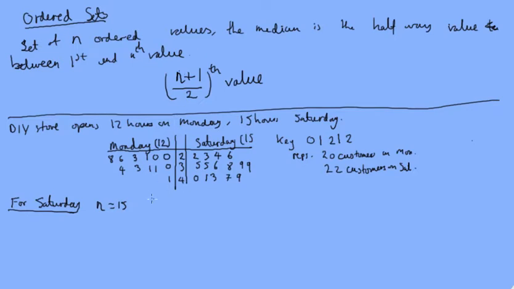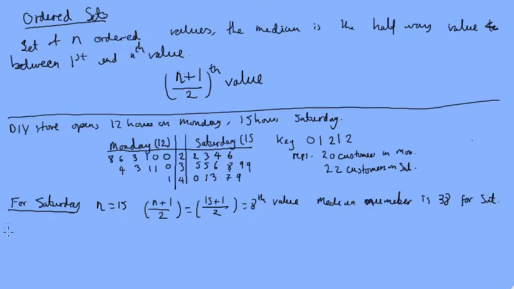So for the median, we'll take n plus 1 over 2, which is 15 add 1 over 2, which is going to give us the 8th value. So if we go through it, 1, 2, 3, 4, 5, 6, 7, 8 is this one here, so it's 38. So the median number is 38 for the Saturday.